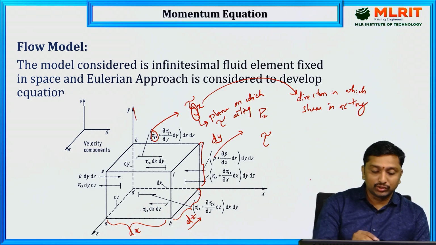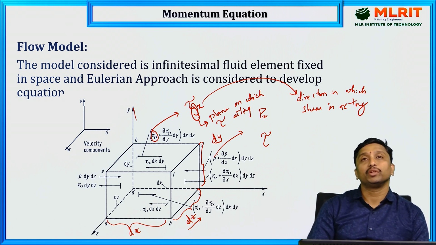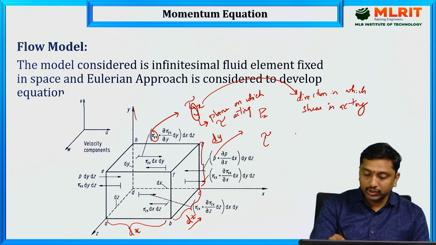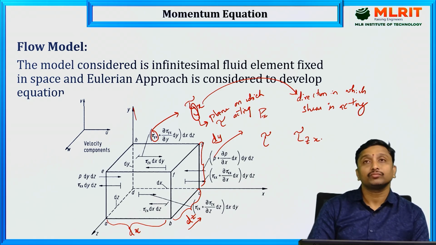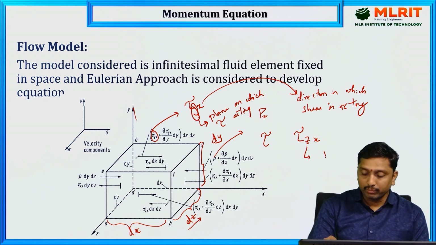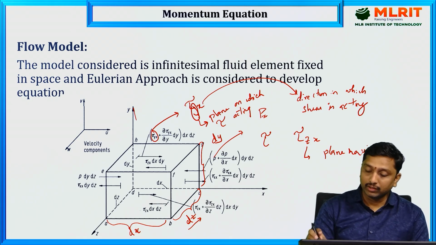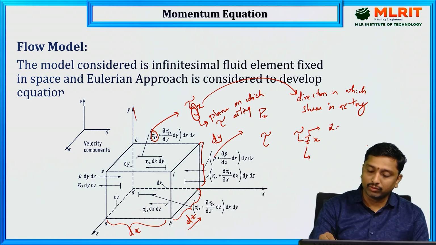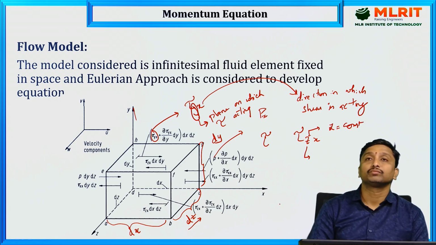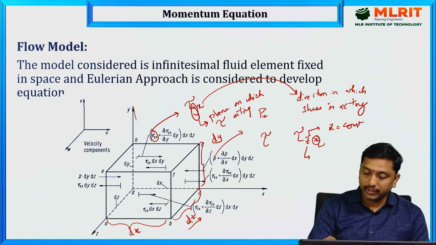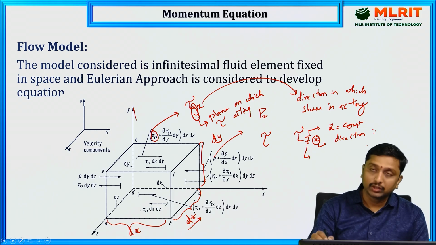To represent this force system on this infinitesimal fluid element, we need to understand the notations we are following. If you see tau zx, z will be the plane having z equals constant, where x indicates the direction in which it is acting.